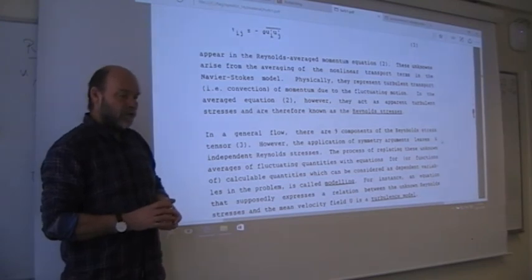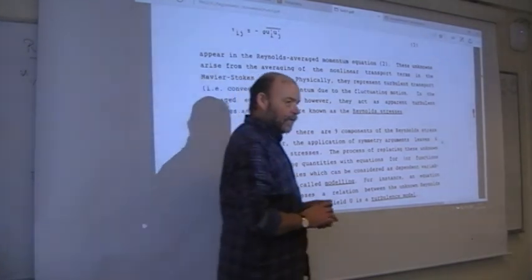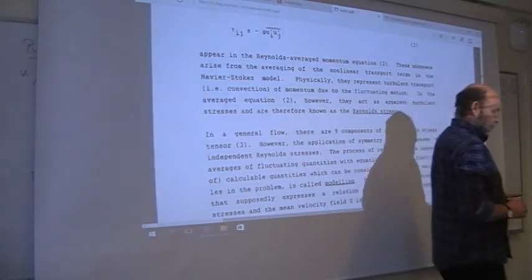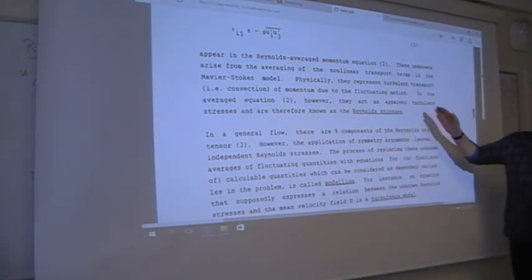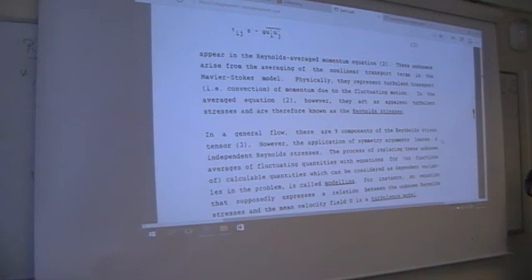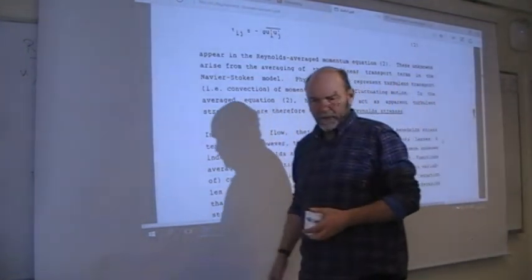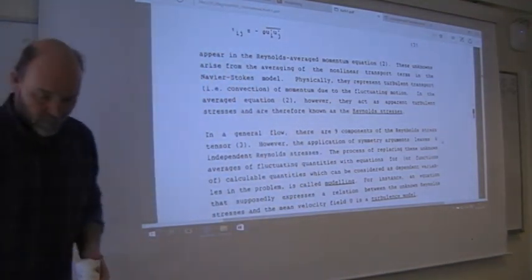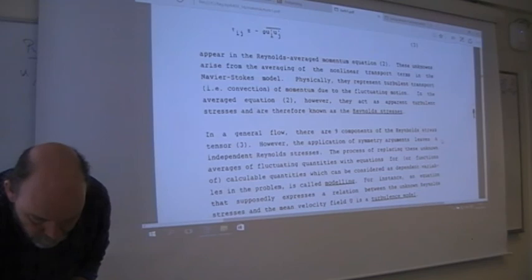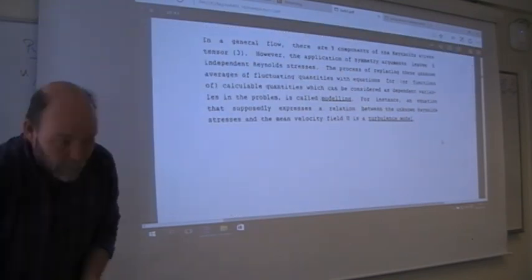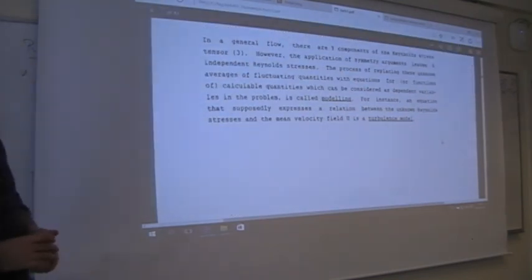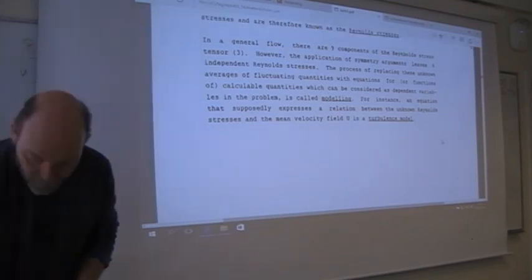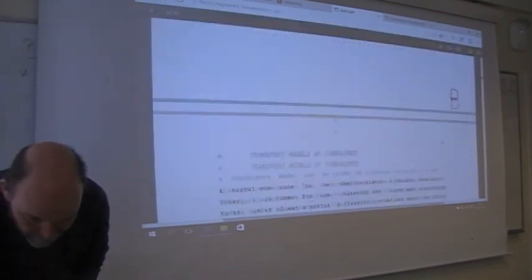We talked about all the different diffusion mechanisms that we had. And then turbulence, yes, it can also be treated as a diffusion mechanism. Damping down, smearing out sharp gradients, and so on. And a turbulence model is now to find an expression for these Reynolds stresses that can be used.